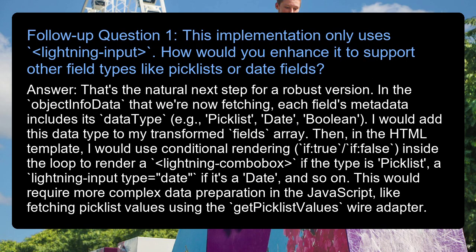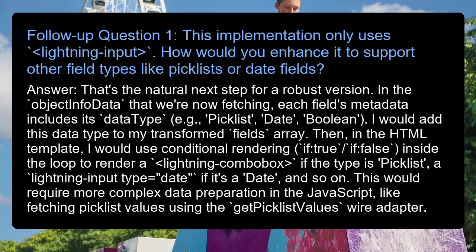Follow-up question 1. This implementation only uses lightning-input. How would you enhance it to support other field types like picklists or date fields? Answer: that's the natural next step for a robust version. In the ObjectInfo data that we are now fetching, each field's metadata includes its data type, for example, picklist, date, boolean.